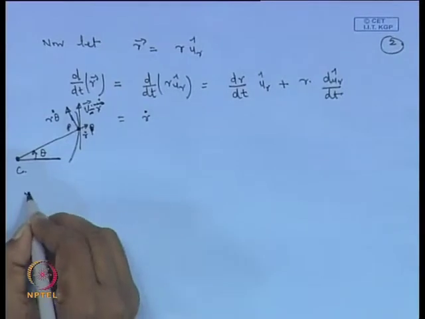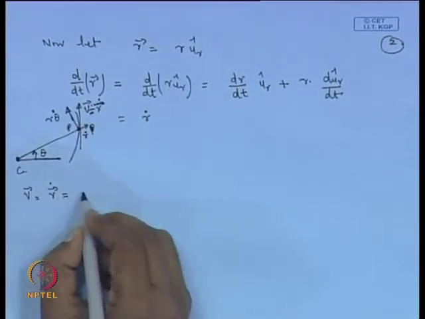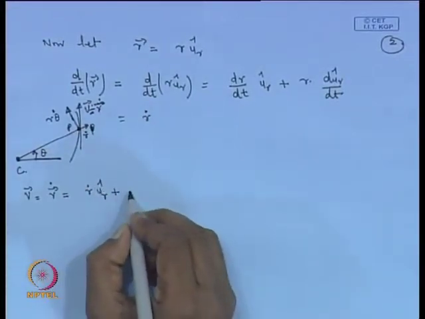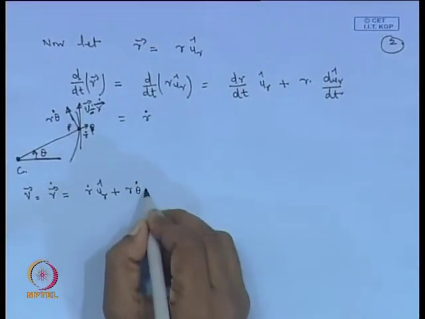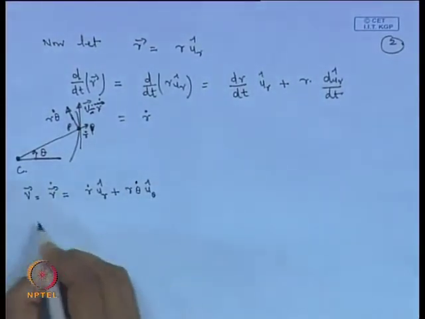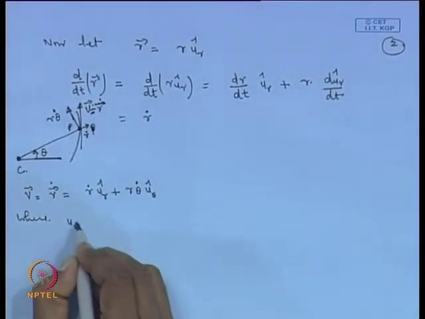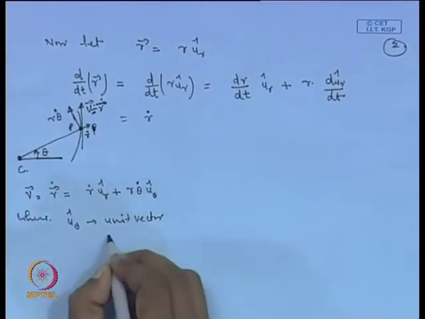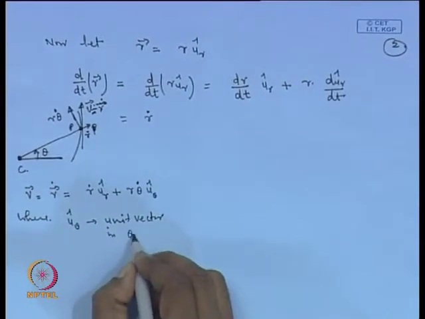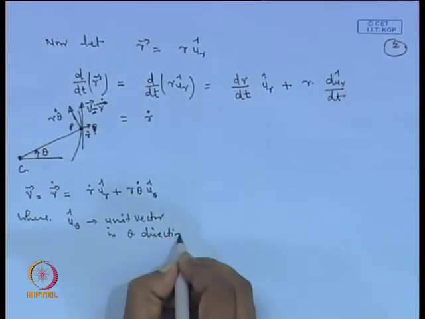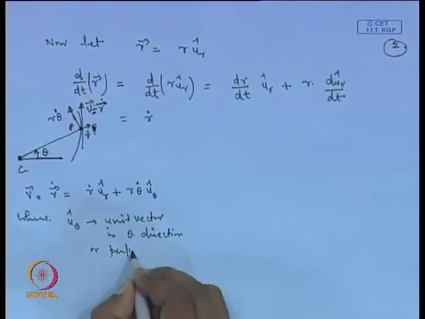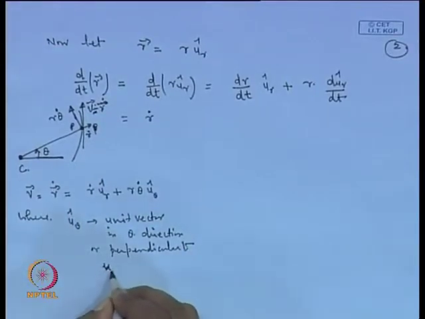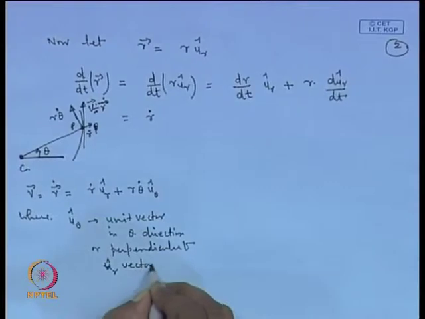Basically, here we are indicating v is equal to r dot times u r cap plus r times theta dot times u theta cap, where u theta cap is the unit vector in theta direction, or perpendicular to the u r vector.